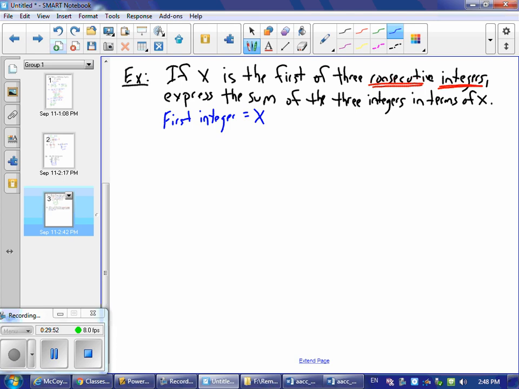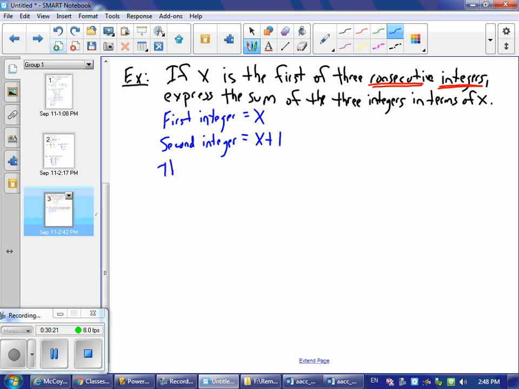Well, how would I get from 5 to 6? Hopefully you would know that you would add 1 to 5 to get to 6. So it's the same thought process here. If I want to get to my second consecutive integer, what would I have to do to x? Well, I would have to add 1 to it. So my second integer would be x plus 1.